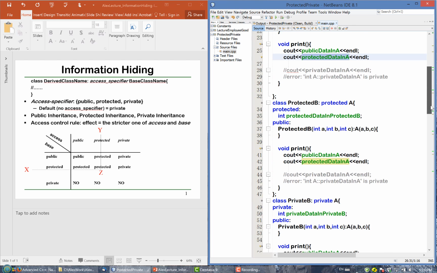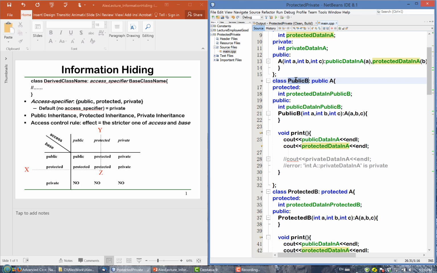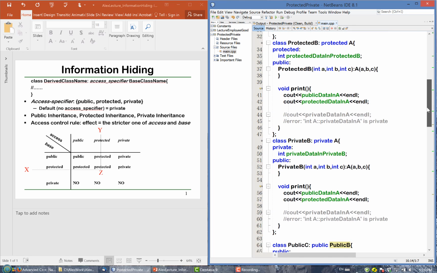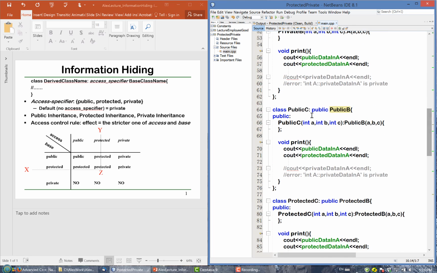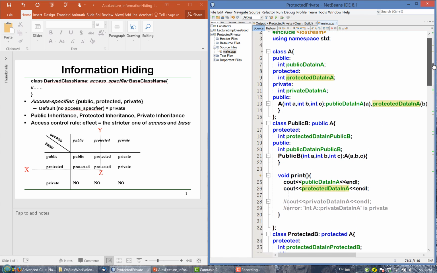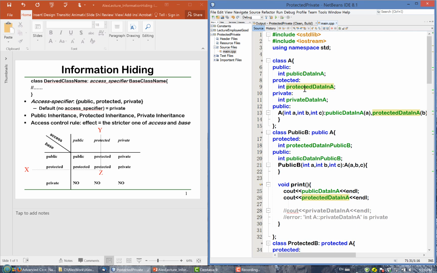Now let's take a look at a further derived class of public B. So this public C is a derived class of public B. You can see that in public C we can directly access protected data in A. So for protected data and functions in the base class, their accessibility is similar to the accessibility of the protected data and functions in the derived class.